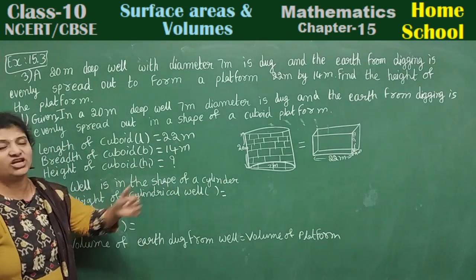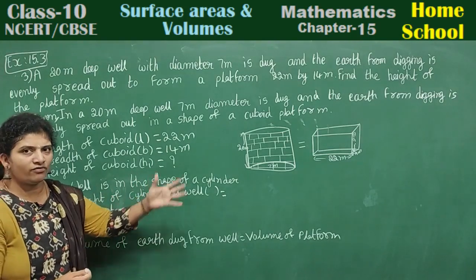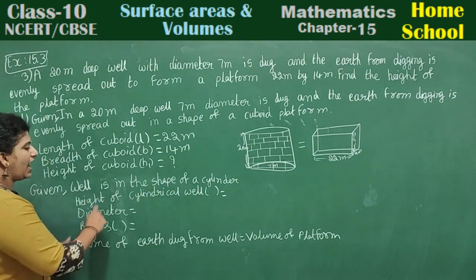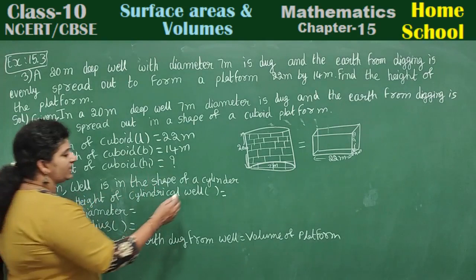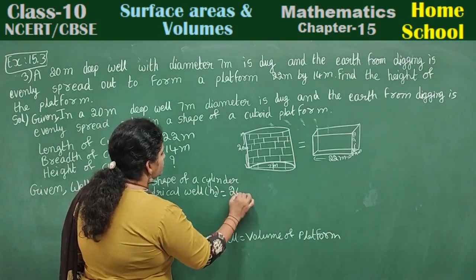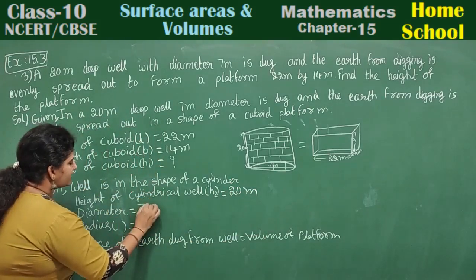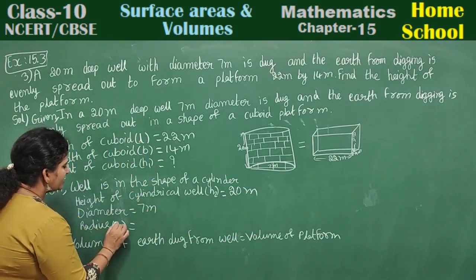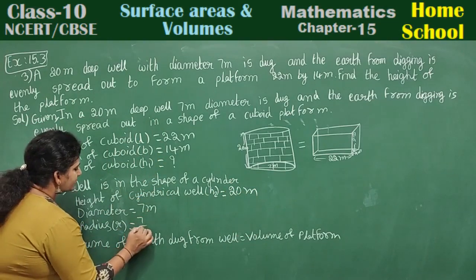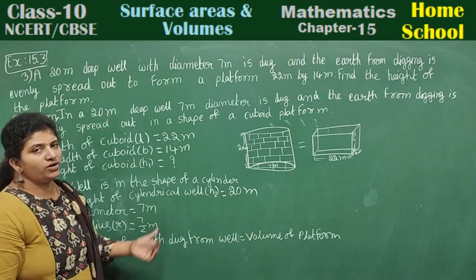The given well is in the shape of a cylinder. Well will be in which shape? It is in the form of a cylinder. Height of the cylindrical well, height H2, is equal to 20 meters. Diameter is equal to 7 meters. Radius R is equal to 7 by 2 meters, or you may write 3.5 also.